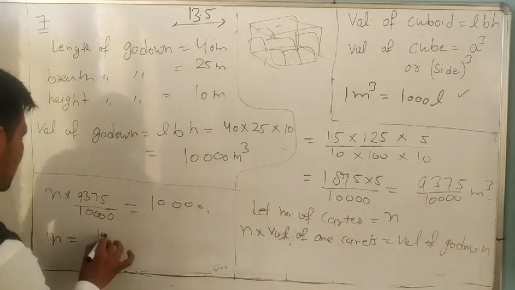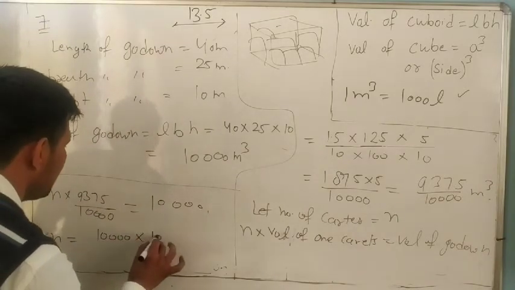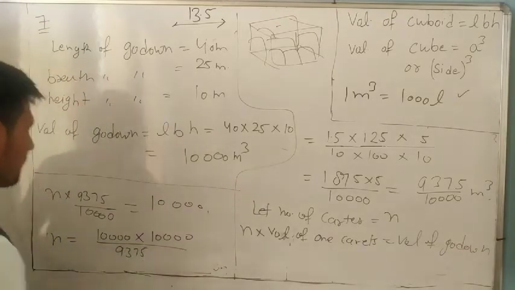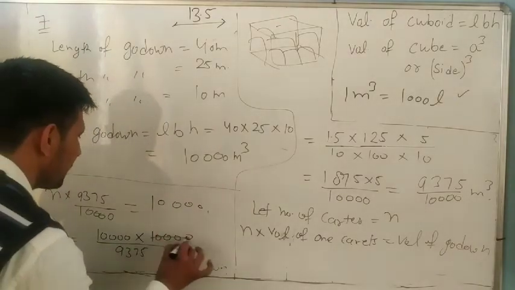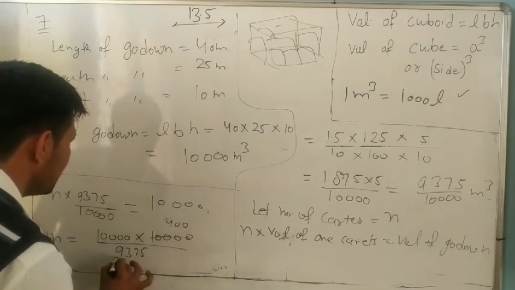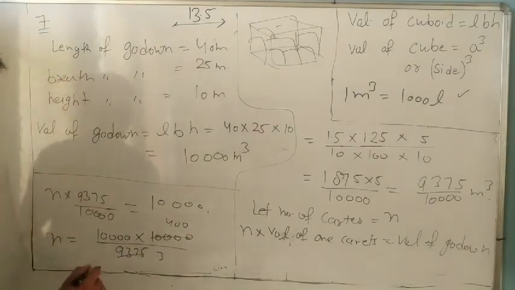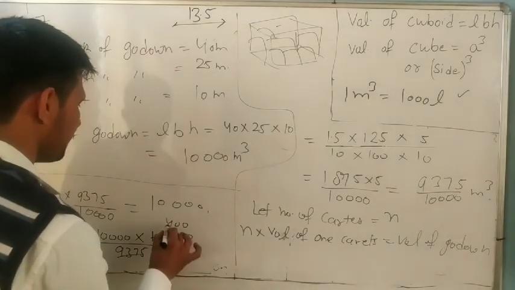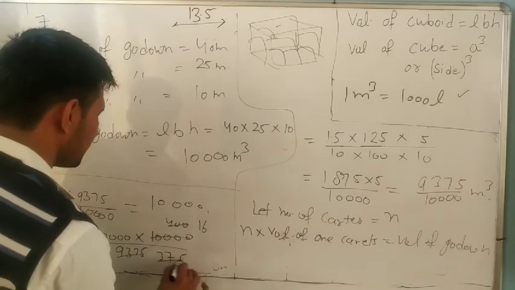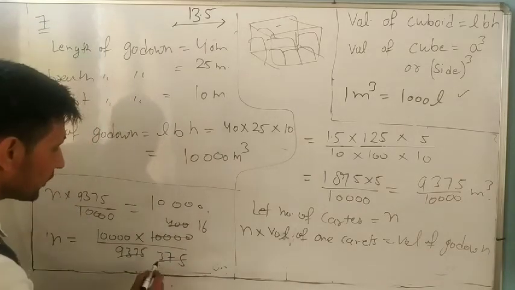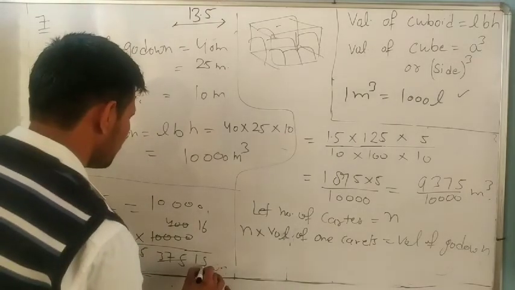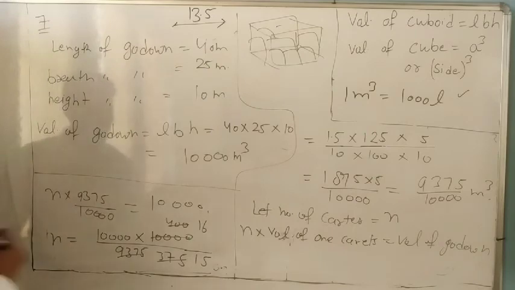Now 10,000 multiplied by 10,000 and divided by 9375. We will cut by 25, and again by 25. It is 16 divided by 15, and now you can cut 15.